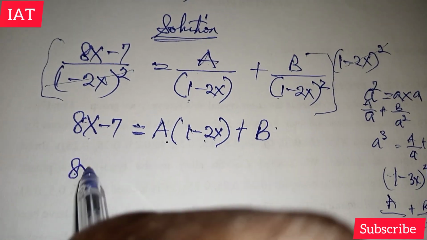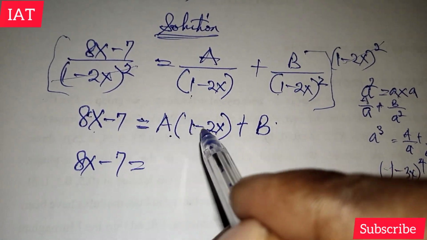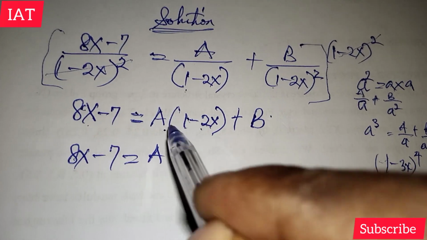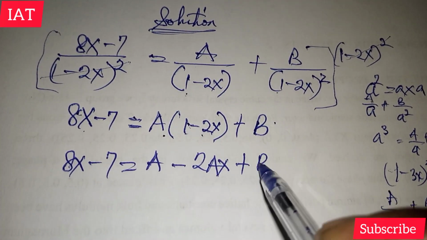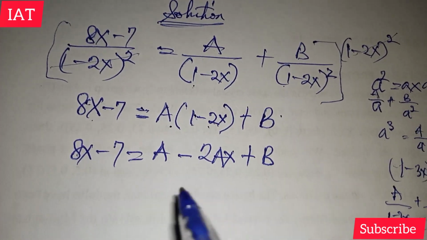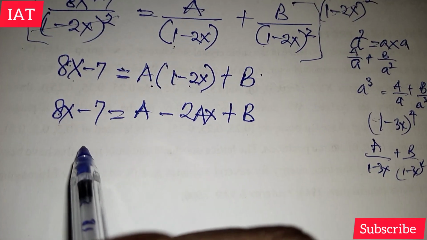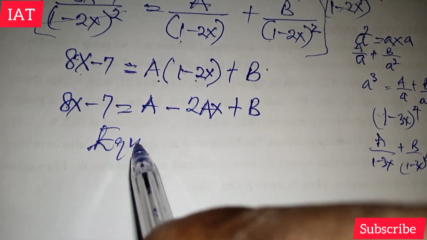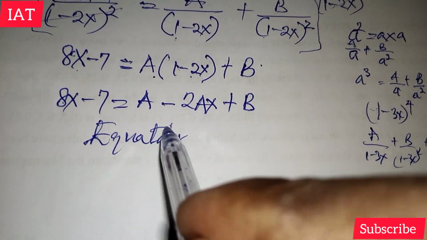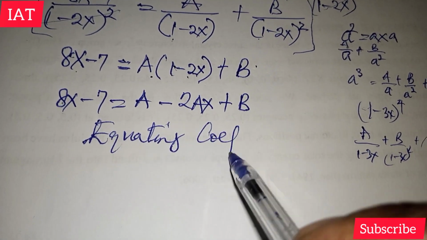So we have 8x minus 7 equal to a times 1 will be a, minus a times 2x will be 2ax, plus b. So this is where you will need to do what we call equating of coefficients.